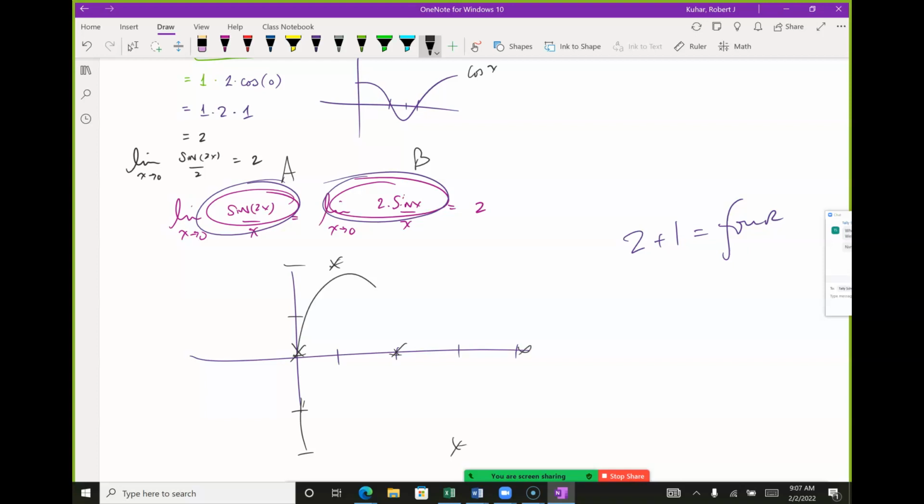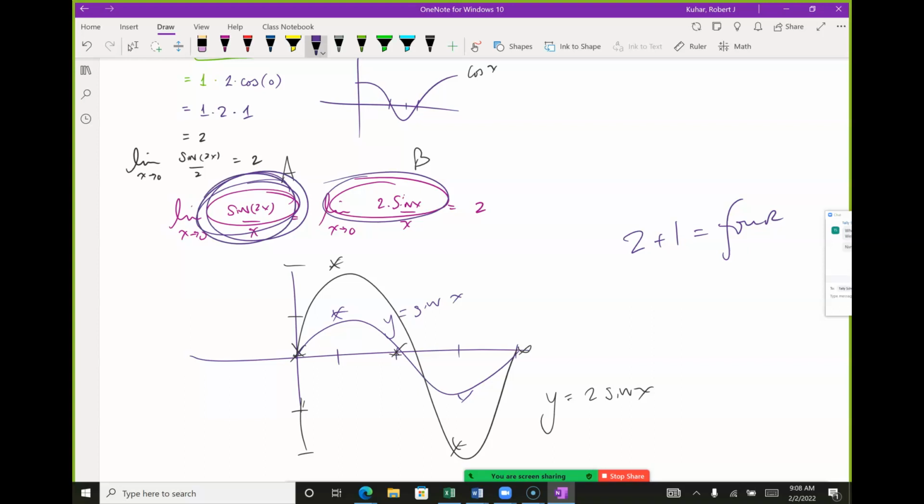So y equals 2 sine x is amplitude modulation. This is y equals sine x, with an amplitude of 1, radius of 1. 2 sine x has an amplitude of 2, radius of 2. What does the other one do? What does sine of 2x do?